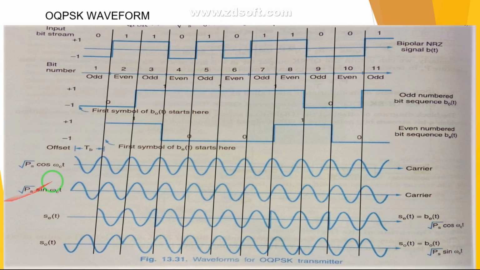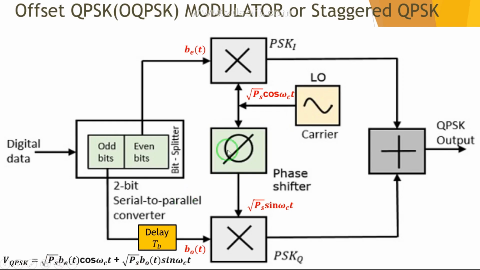So by using two multipliers, as we have seen in the block diagram, root PS cos omega CT and root PS sine omega CT, the odd and even number of bits are superimposed onto the carrier wave.